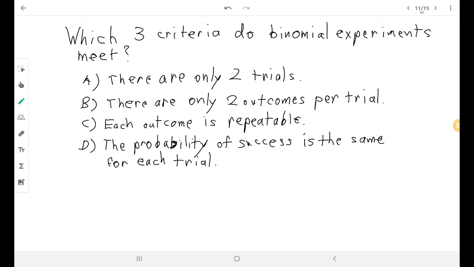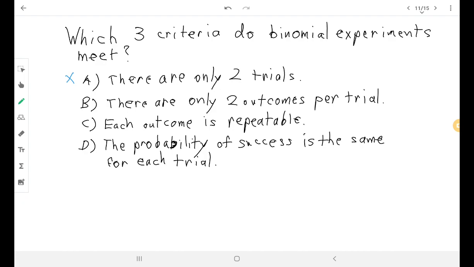You might think two because of the bi in binomial, but that's not really what we're talking about when we talk about binomial experiments. It's not that we just do two trials and we're done. Think, if you only did two trials of anything, it would not really make a lot of sense, right? So, definitely not two trials.